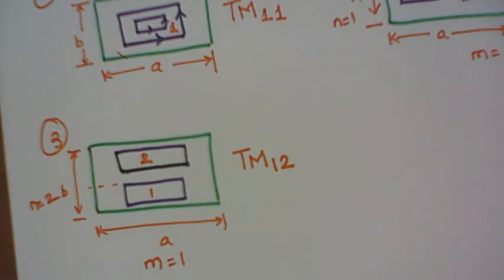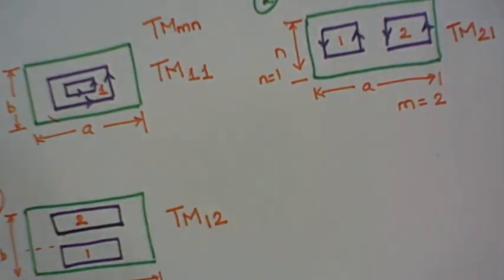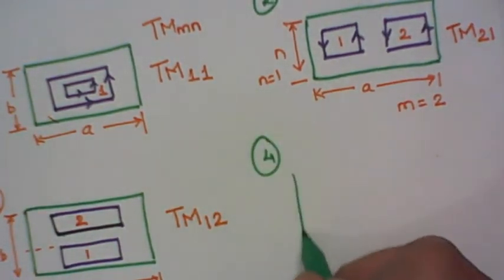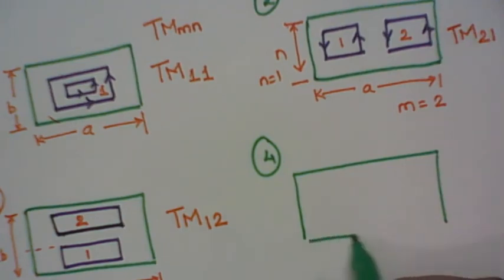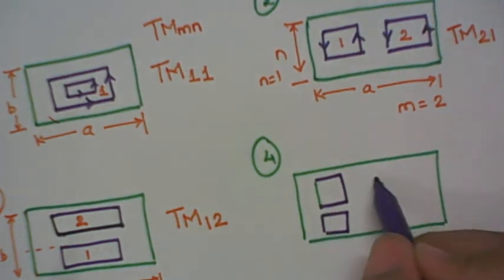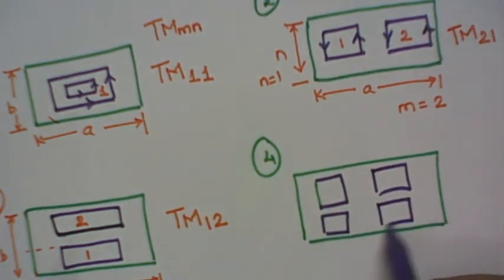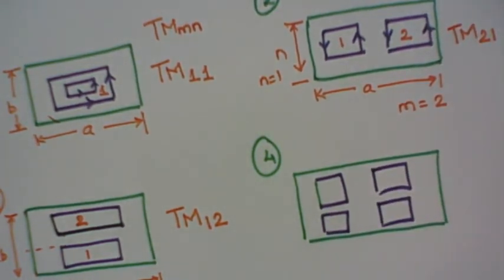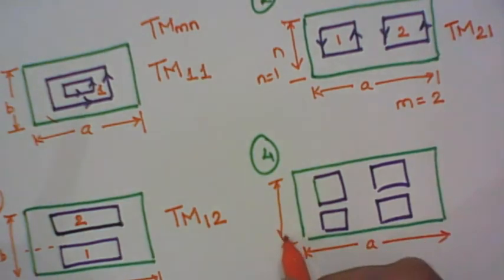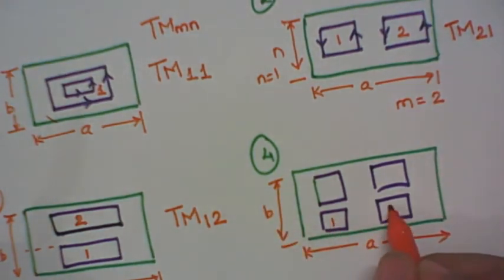Okay, TM12. Let's take one more example, the fourth one, so understand carefully again. Say I am having this kind of loop structure. In this, towards the broader dimension, how many loops do I have? 1 and 2 loops.